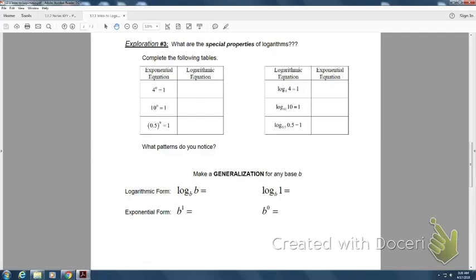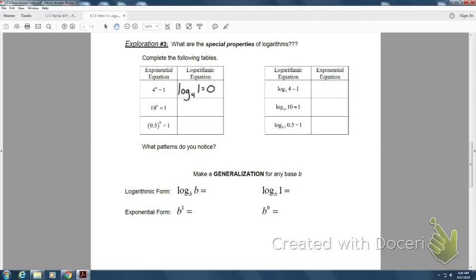Okay, so if I write these exponential forms into logarithmic, Casey, what would the first one be? Log base 4 of 1 equals 0. Okay.